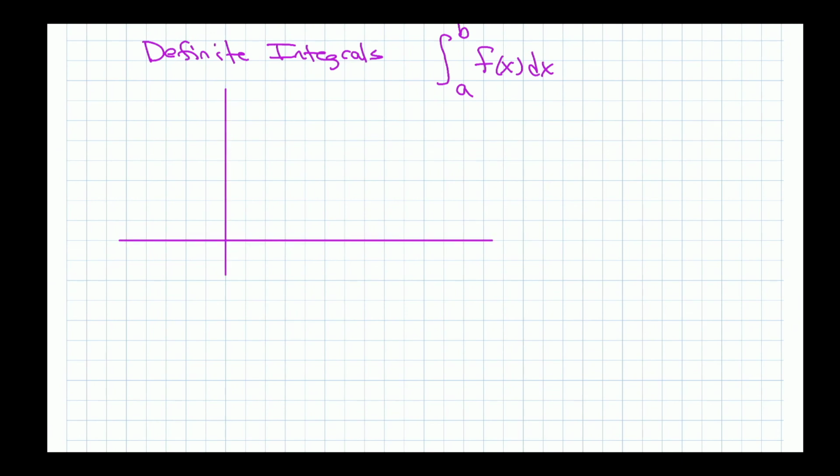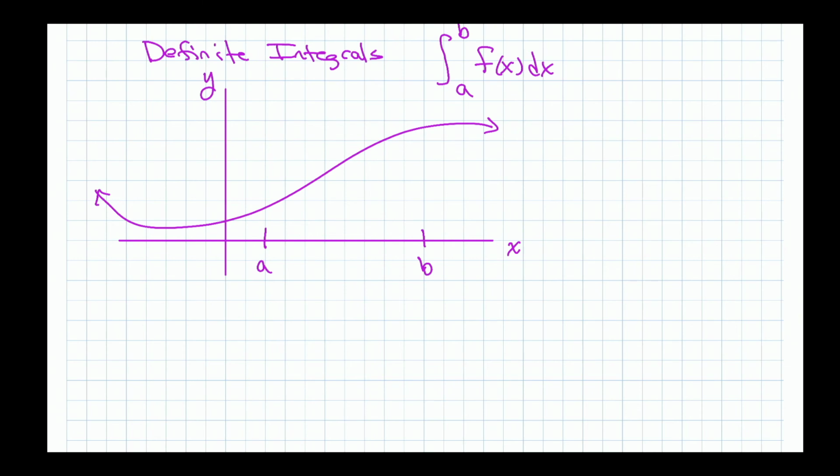You have an a and a b, and they're here on your x-axis, and you have a y-axis, of course, and then you have your function. Your function is just any kind of function here.